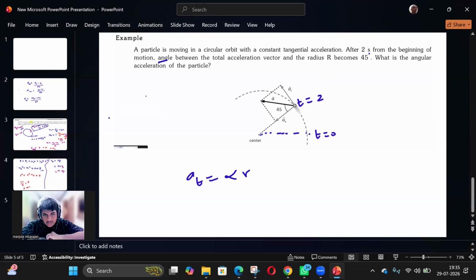They have given the angle between the total acceleration and the radius as 45; nothing about the radius itself. Angular acceleration is alpha, so you don't need the radius. You have to find alpha from the tangential acceleration.